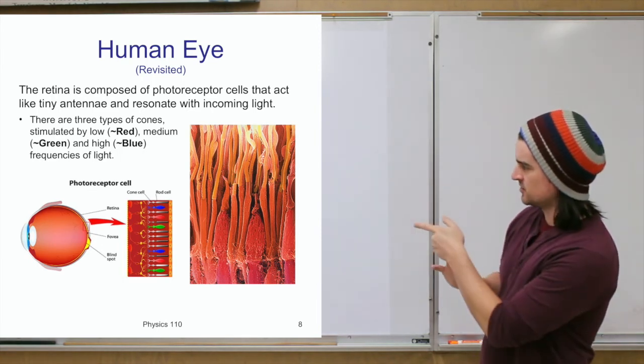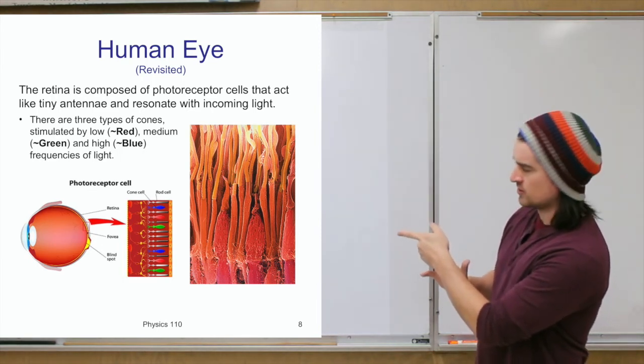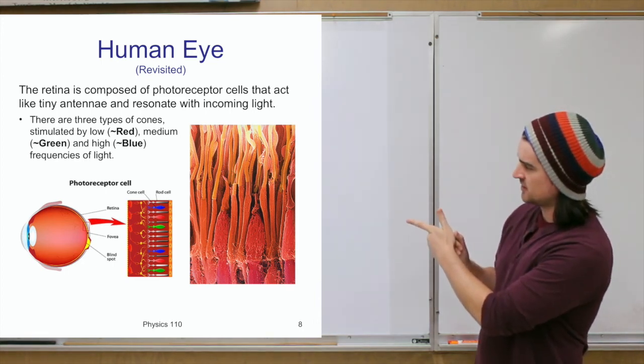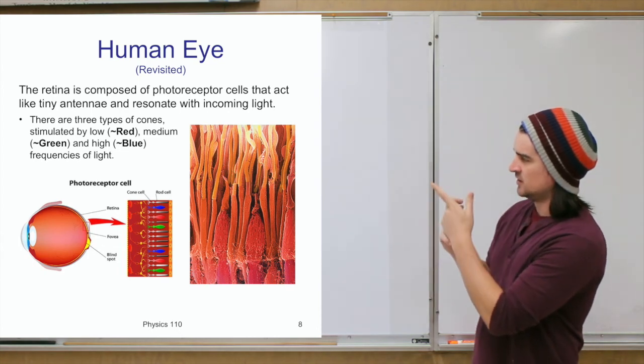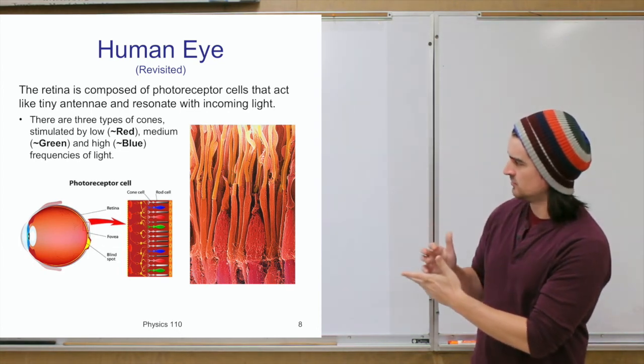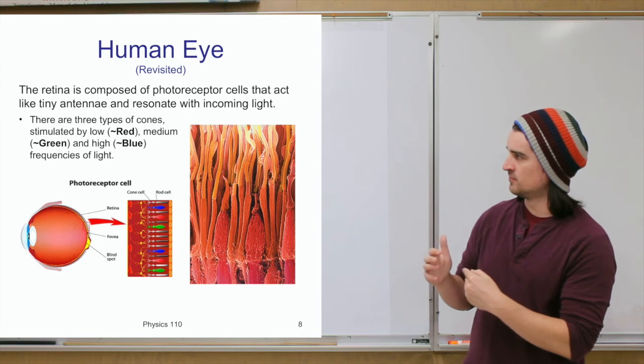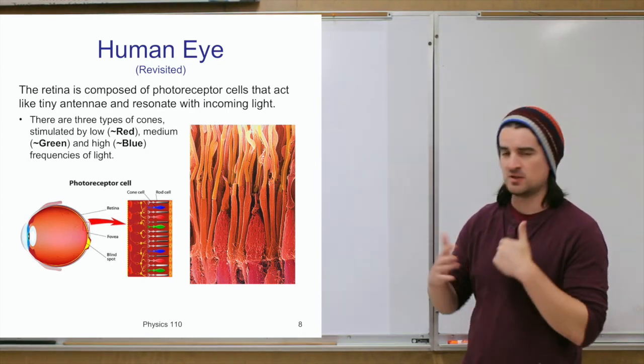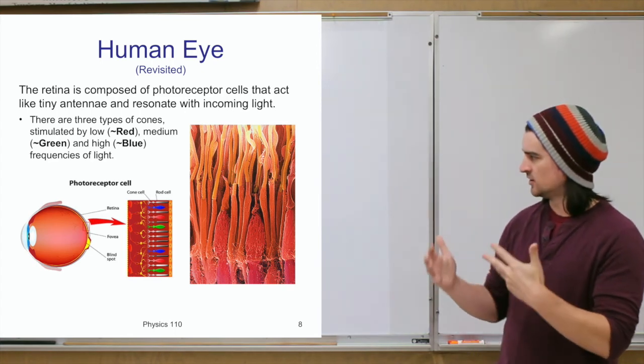As it turns out, you can see the cones, though not actually colored in real life, they're colored in this diagram on the left to indicate that there is one kind of cone that is mostly attuned to the lower frequencies, like red, orange, yellow.